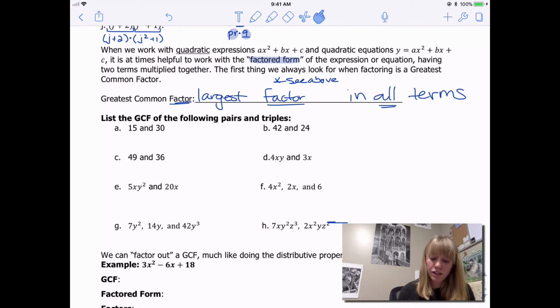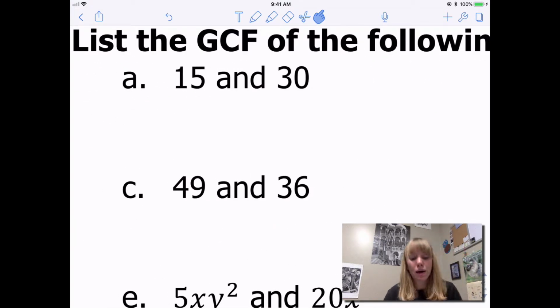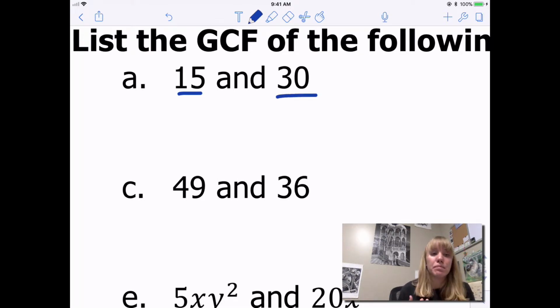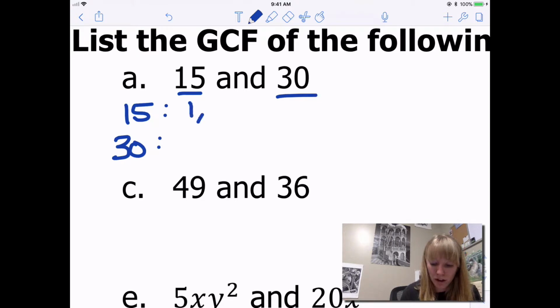So listing the GCF of the following pairs and triples, if I'm looking for the GCF of 15 and 30, I'm saying what is the biggest number that's a factor of both 15 and 30? So I could list out 15 and 30. What are the numbers that multiply by another number to get 15 or divide evenly into 15? I've got 1, 2 does not go into 15 evenly, 3 goes into 15 evenly, 3 times 5, and then 15.